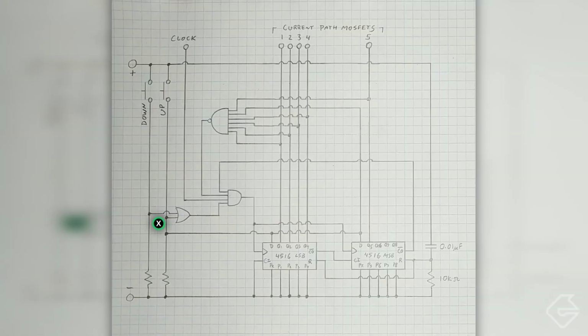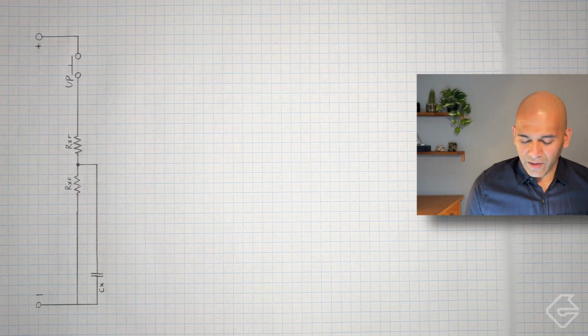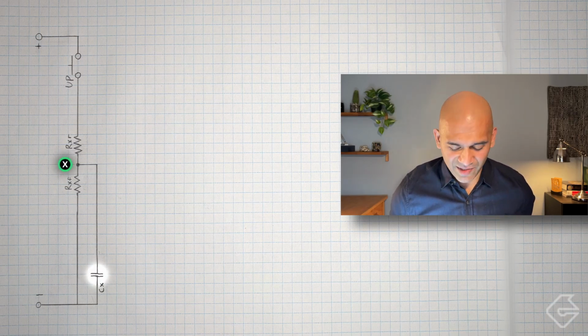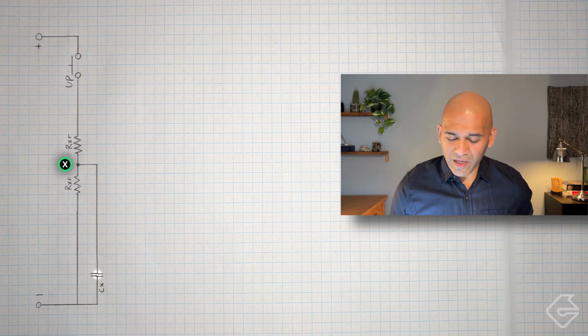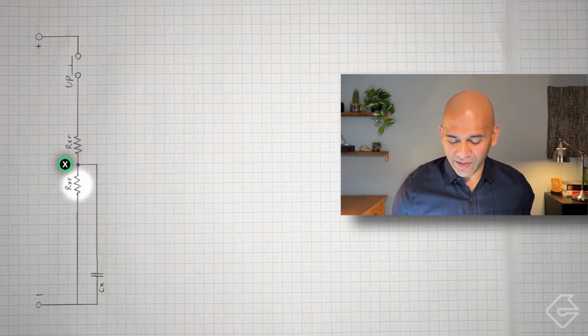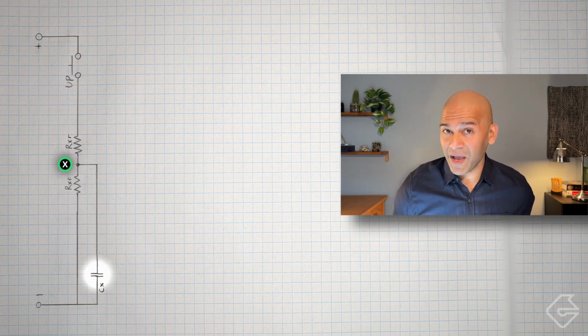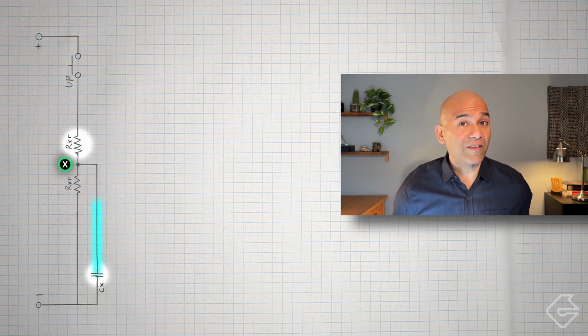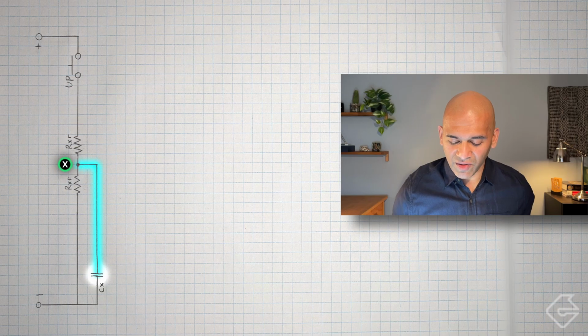Let's consider point X first. So here's point X over here. We've put our CX, which is our capacitor, into the circuit, and we also have 2 resistors in place, and there's our up switch. I've called this RXR, which is the rising resistor for point X, and this is RXF, which is the falling resistor for point X. So this capacitor, when it's getting charged, is going to charge through this resistor, and when it's getting discharged, it's going to discharge through this resistor.